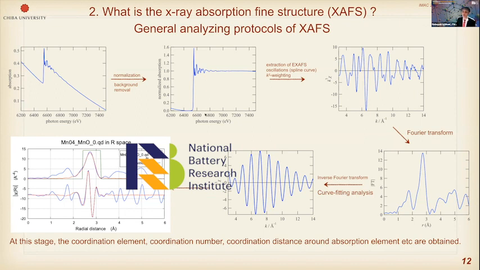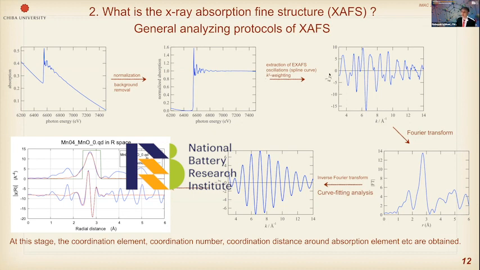The x-axis is electron volt, the photoelectron energy, converted into the wave number, and then extraction of the EXAFS oscillation. In general cases, the k wave number weighting, k cubed, is the usual case.